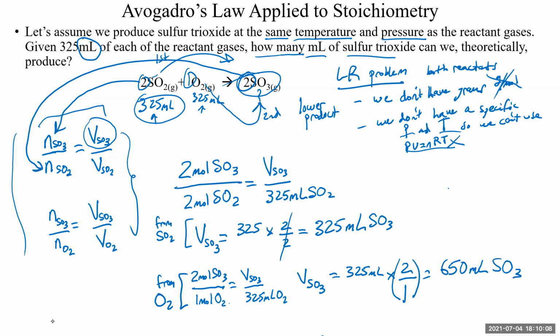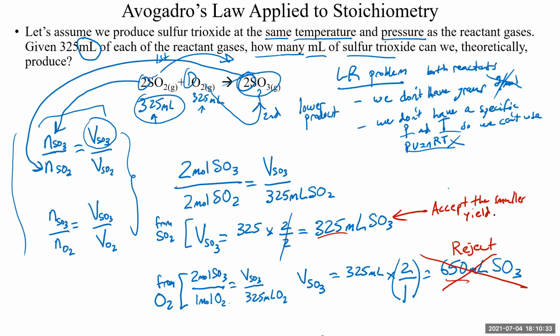So which one is our answer? We had two calculations. One gave us a big number, one gave us a small number. Reject the bigger number, accept the smaller yield.